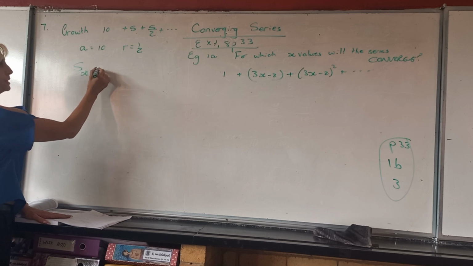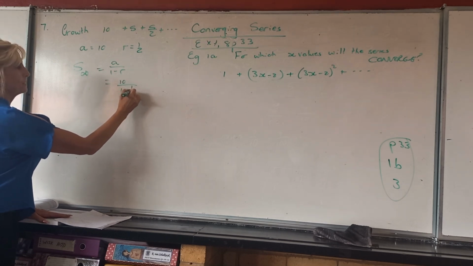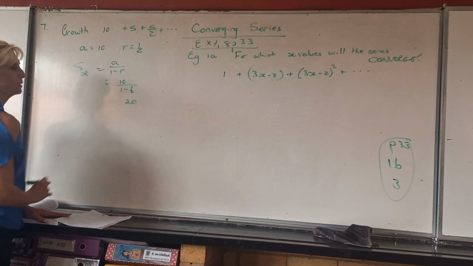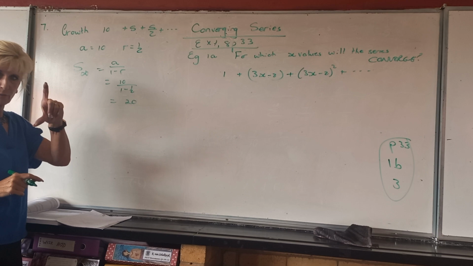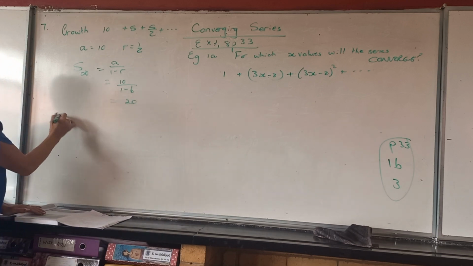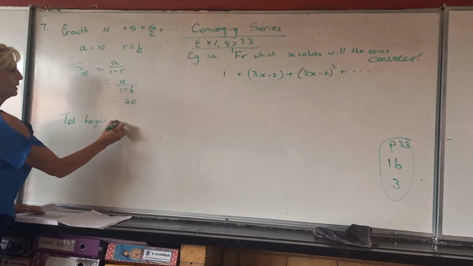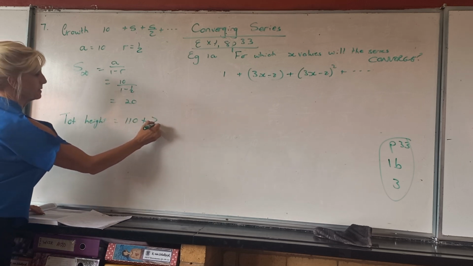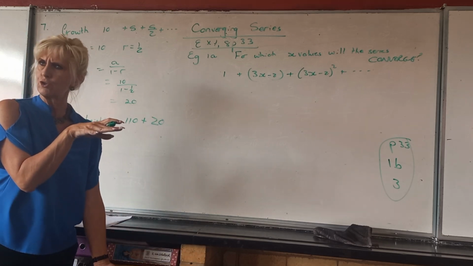But sum to infinity then will be A over 1 minus R, which is 10 over 1 minus a half, which gives you 20. Okay, 20 is the growth. So the total bush height would be 110 plus the 20, because remember when you planted it was 110. And usually plants do that.